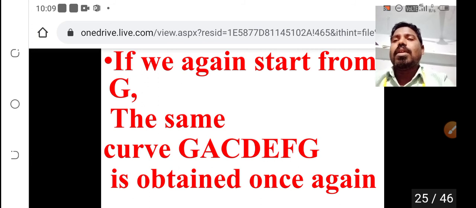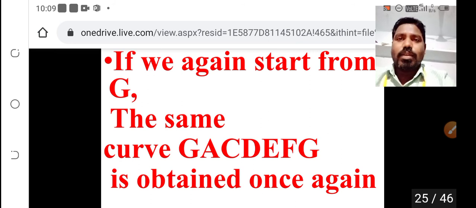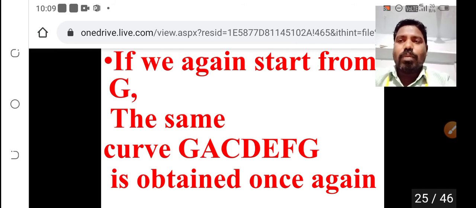So this is a complete cycle process. If you again start from G, again a curve will be formed, named GACDEFG.